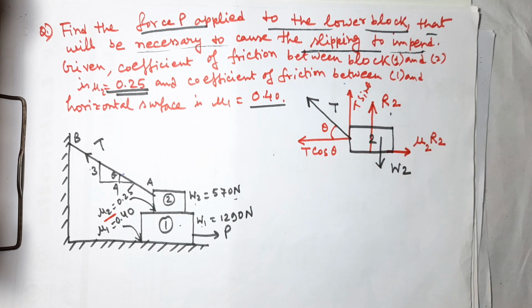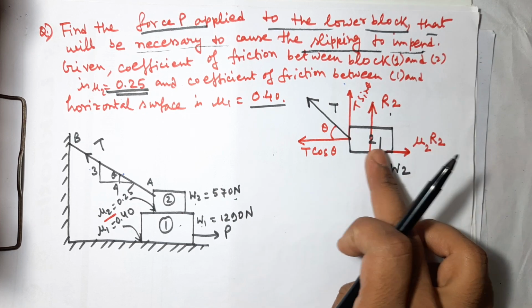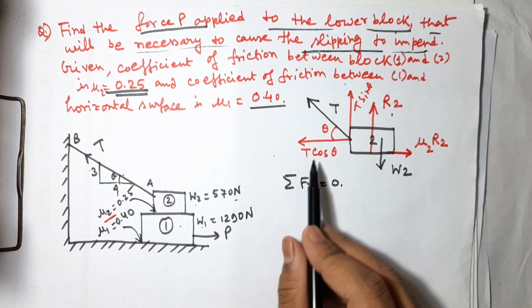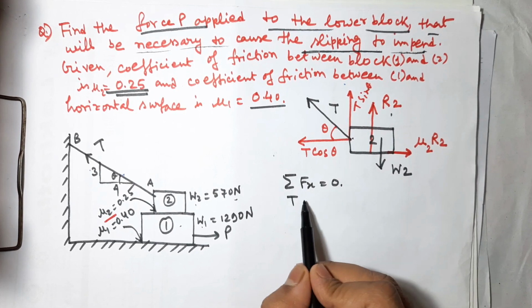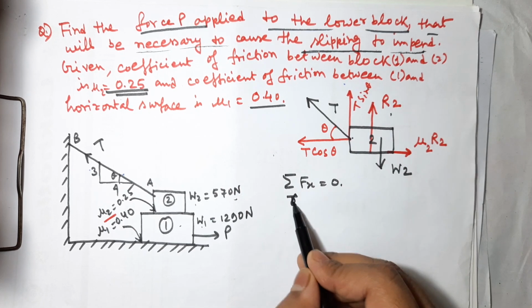Now for the net horizontal forces, one is T cos theta and the other is mu2 R2. So summation of Fx is equal to 0. T cos theta is acting in the negative x direction and mu2 R2 is acting in the positive direction.